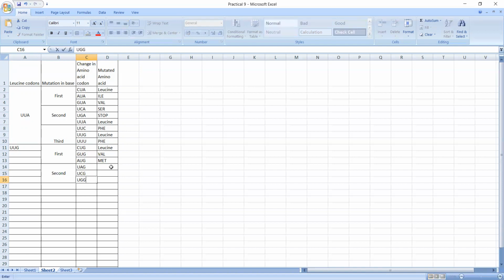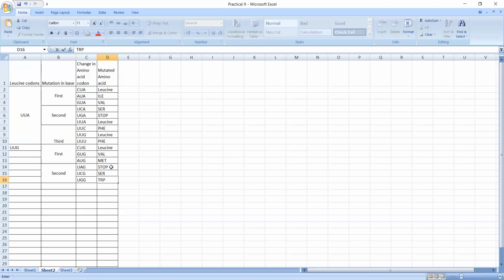So what amino acid will we get? UAG codes for a stop codon. So immediately the synthesis of amino acid will stop if this codon appears. Now UCG is a serine. All right. Now what is UGG? It is a tryptophan.